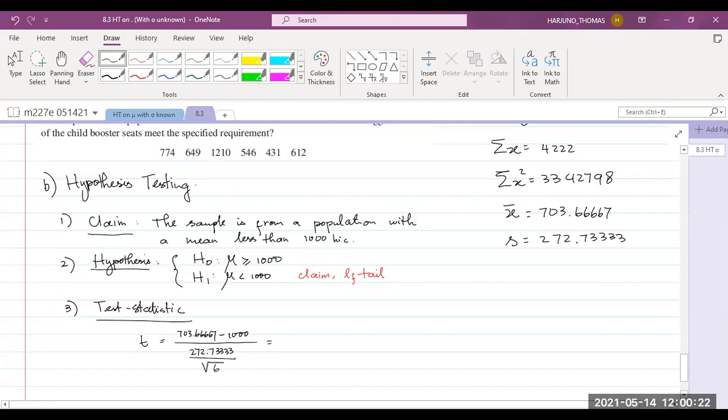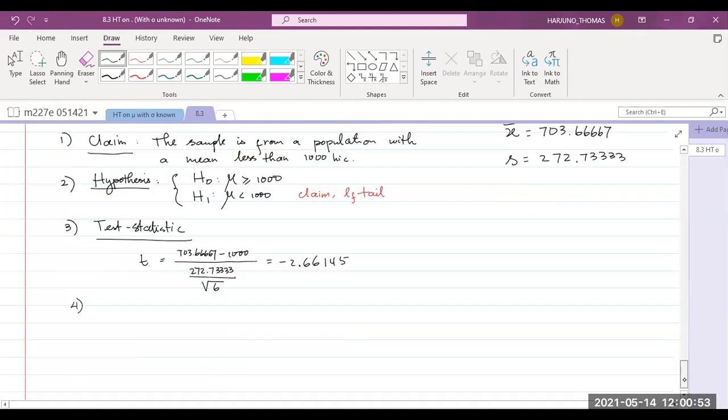What is that? I get T to be negative 2.66145.